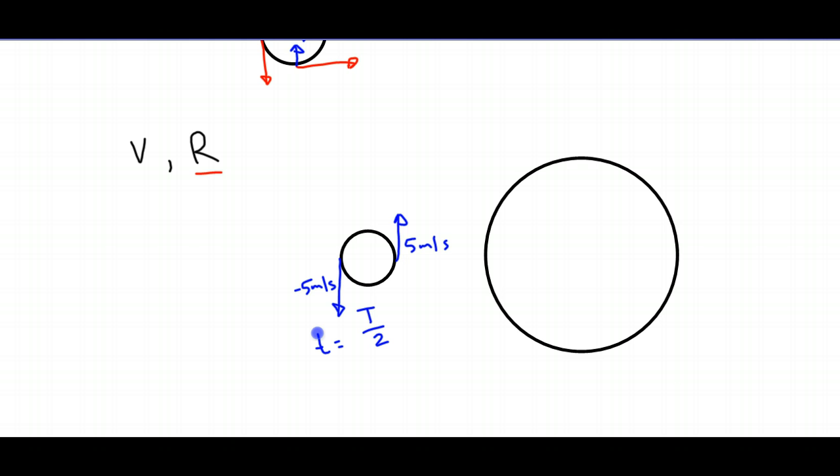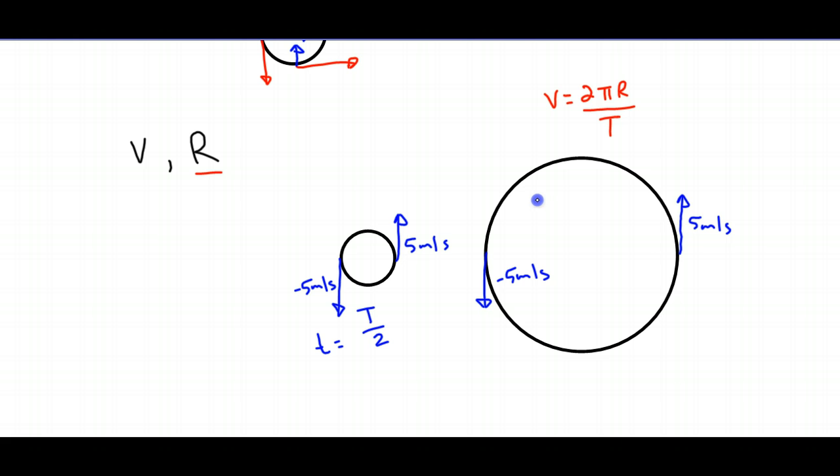So the time it takes to change from 5 meters per second to negative 5 meters per second is half of our period T. If we're traveling at the same speed over here, 5 meters per second, and then negative 5 meters per second here, we can see that because this radius is much bigger and because velocity equals 2 pi times our radius divided by our time period, the bigger the radius of the circle, the bigger the time period.